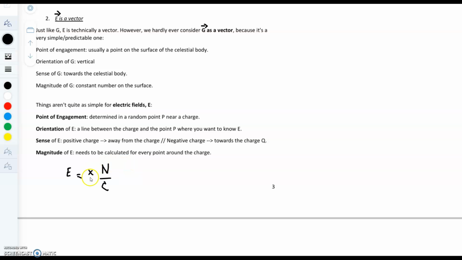That was also a certain amount, on Earth that was 9.81 newtons per kilogram of mass. So it is incredibly similar, meaning the definition of your electric field vector E is the Coulomb force the object will endure, per charge that you bring into that point where you're determining E, your field vector E.